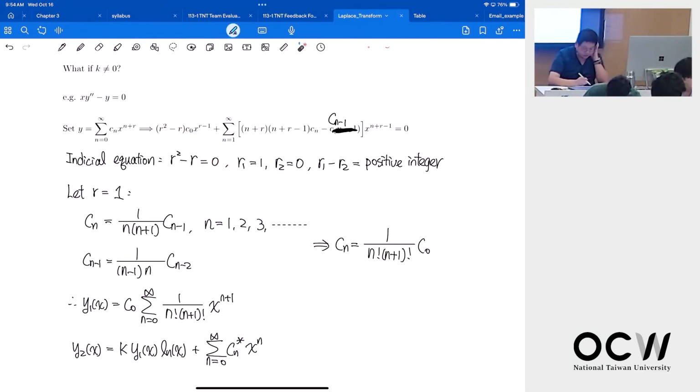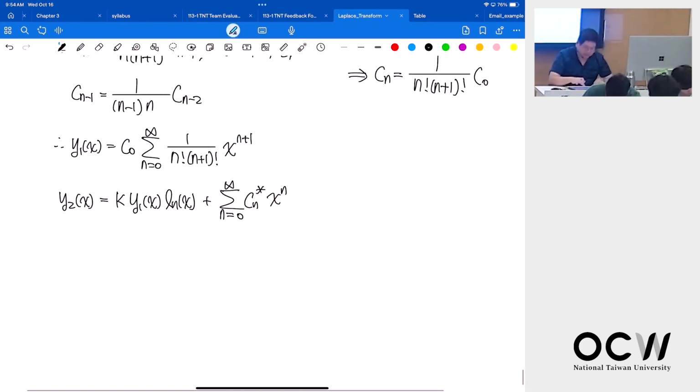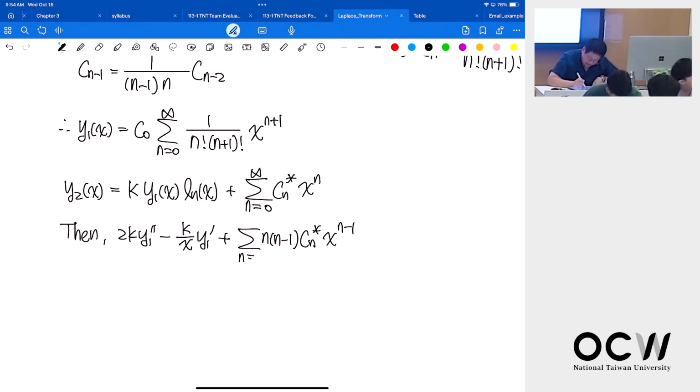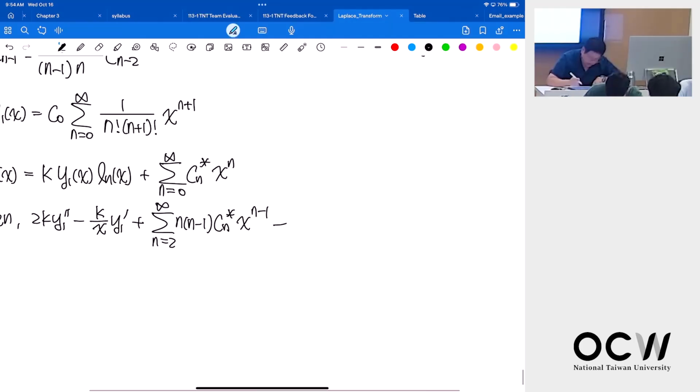So you need to find y2 prime and also y2 double prime. You will get 2k y1 prime minus k over x y1 plus the summation n times (n minus 1) Cn star x^(n minus 1), and n is from 2 to infinity. And the last term Cn star x to the n, n from 0 to infinity. That should be 0.